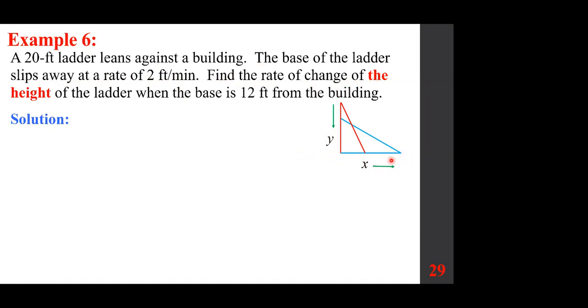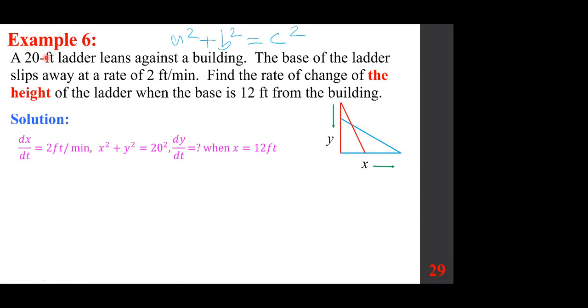Okay, now, what is it that relates x and y? I hope you see the Pythagorean theorem. a squared plus b squared equals c squared. And for us it is x squared plus y squared equals the fixed number 20 squared.